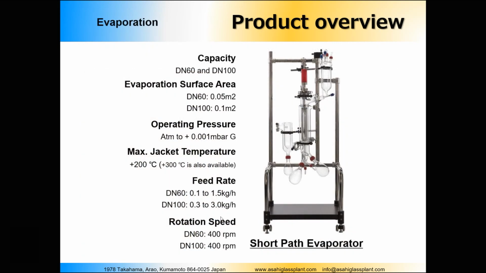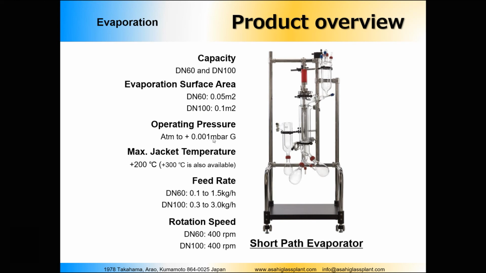Short path evaporators. The sizes I mentioned here are actually similar to the thin film evaporators. The only difference for the SPE in terms of characteristics is that we can work down to 10 to the minus 3 millibars.